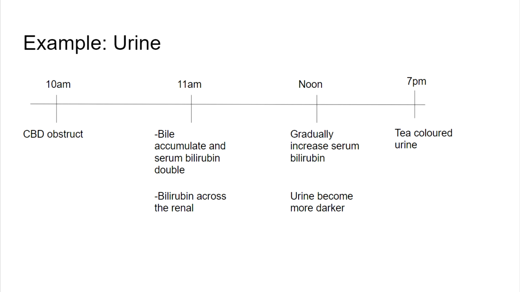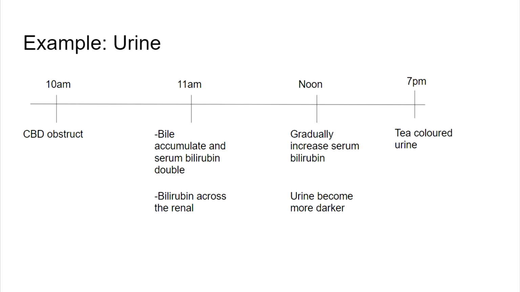For example, if a patient has a stone in the common bile duct which obstructs the distal part at 10 a.m., our liver will perpetually discharge soluble conjugated bilirubin after 10 a.m. So the bile will accumulate, and within an hour, by 11 a.m., the amount of serum bilirubin will be doubled.